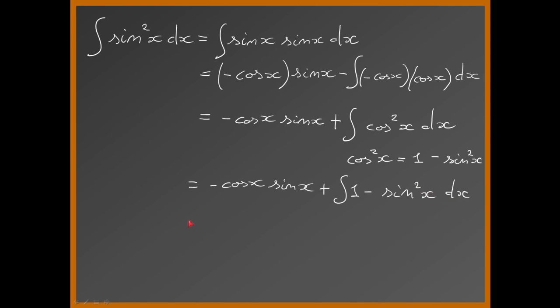Then we obtain that this is equal to minus cosine of x sine x plus, by linearity, we obtain x minus the antiderivative of sine squared of x. Let's rewrite this more clearly.